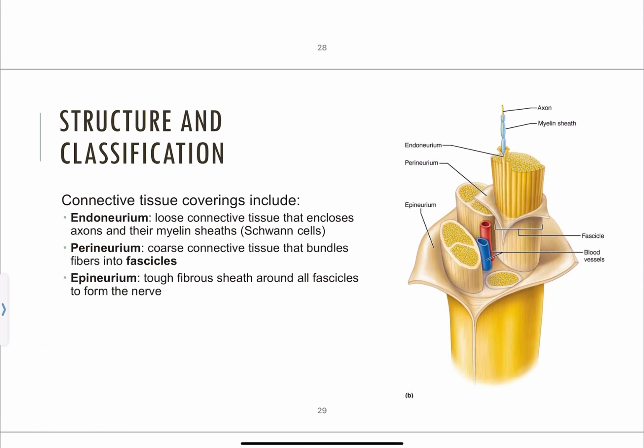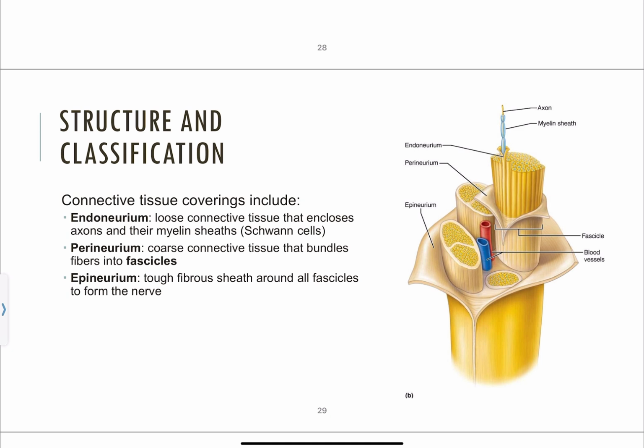So kind of like our muscles, we have 3 different membranes that are going to wrap or be part of the nerve itself. We have the endoneurium, and this is going to be the membrane that is going to be associated and wrapped around each individual axon or nerve fiber.